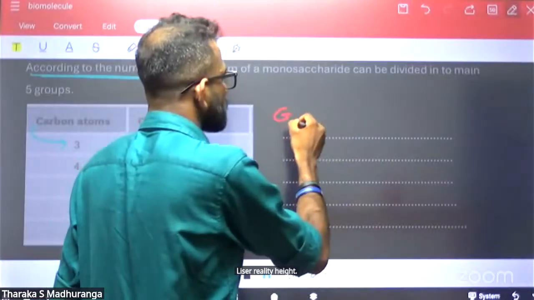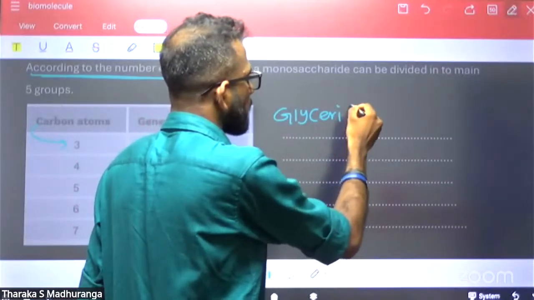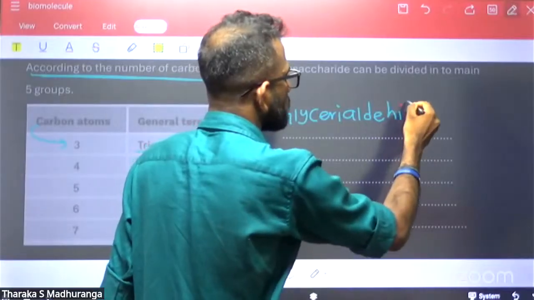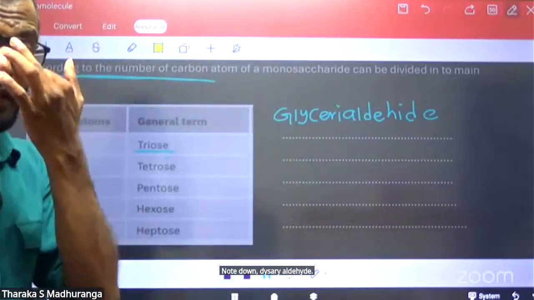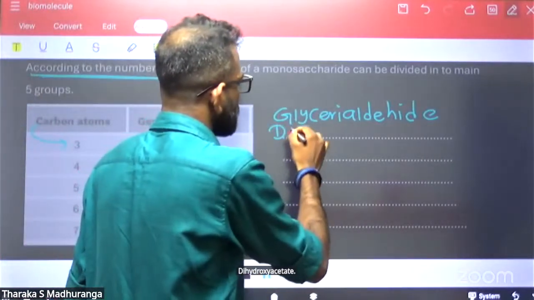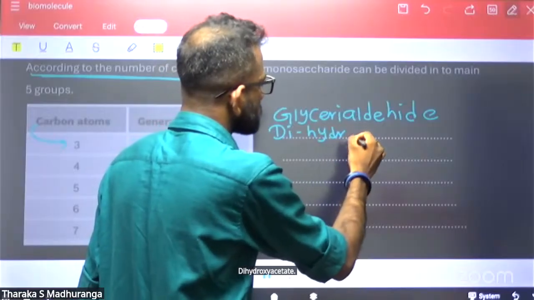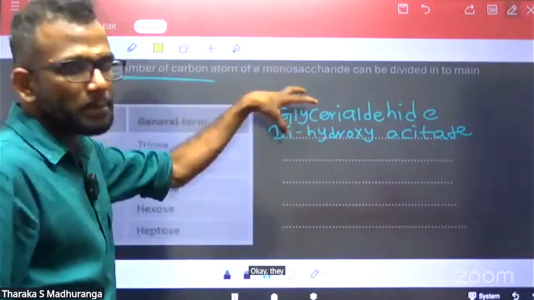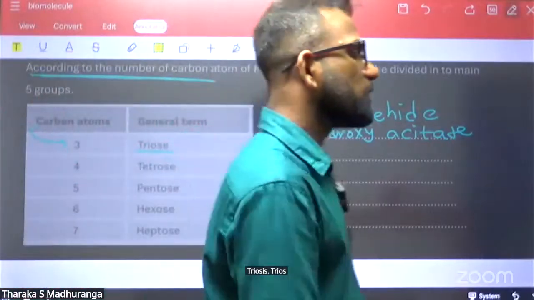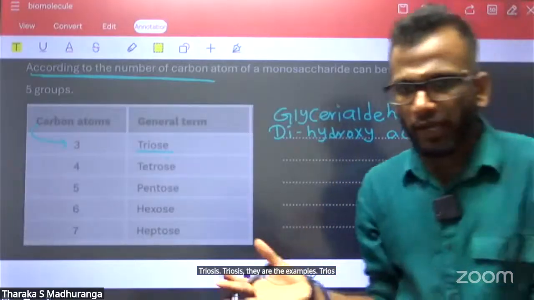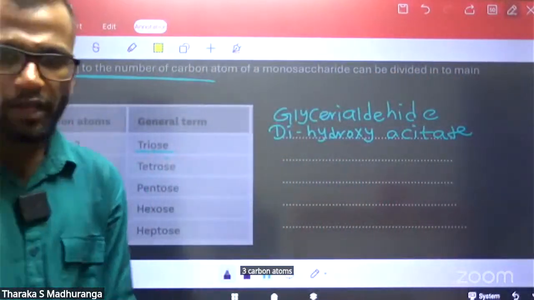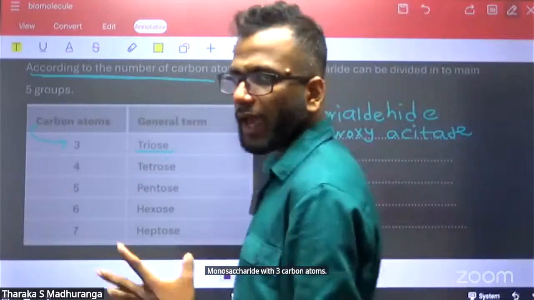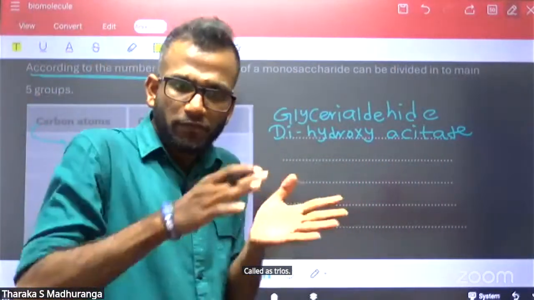Glyceraldehyde, note down, and dihydroxyacetone. They are examples of trioses. Trioses mean monosaccharides with 3 carbon atoms. That means a very simple structure, right?